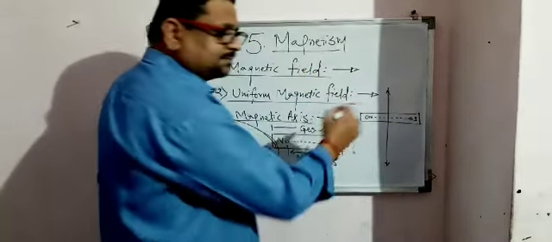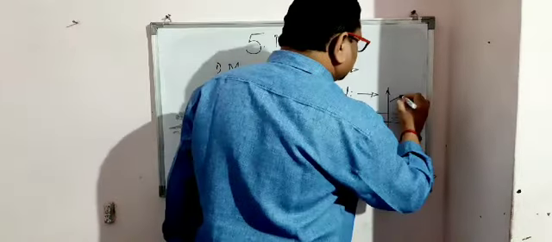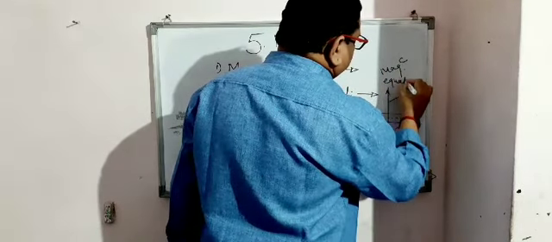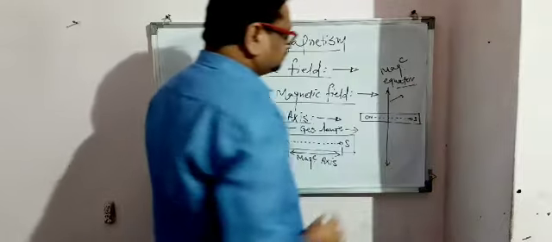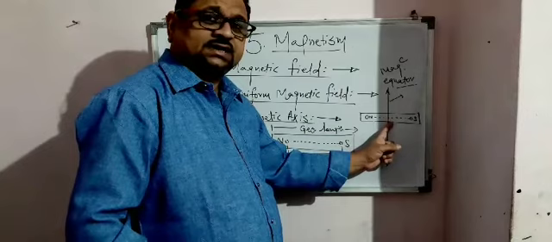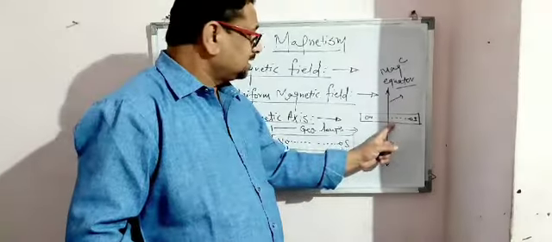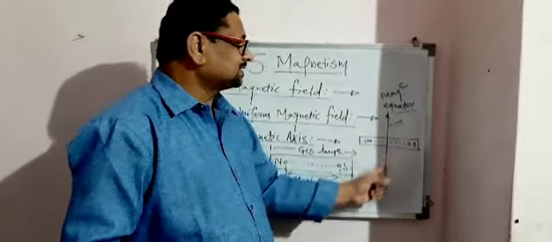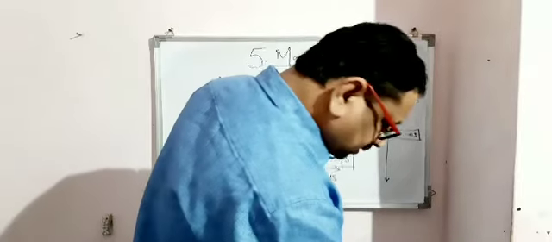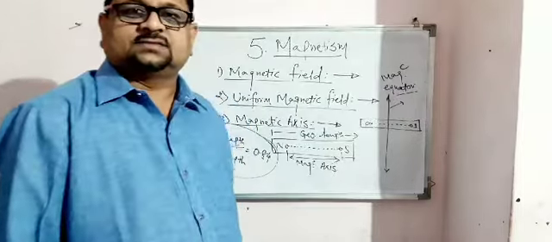The line which is perpendicular to the magnetic axis, that is your magnetic equator. The line perpendicular to the magnetic axis and passing through the center, that is your magnetic equator. Understand? So these are the most important definitions in connection with magnetism that we have seen.